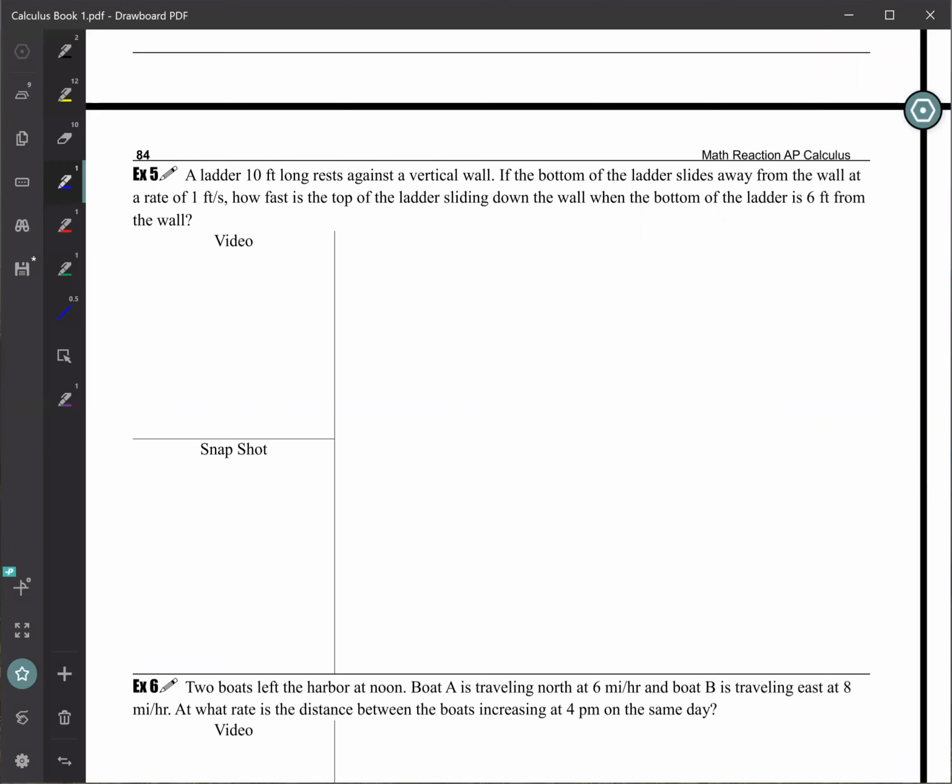Make your own pictures, video, snapshot.